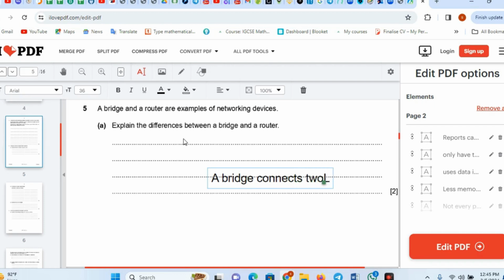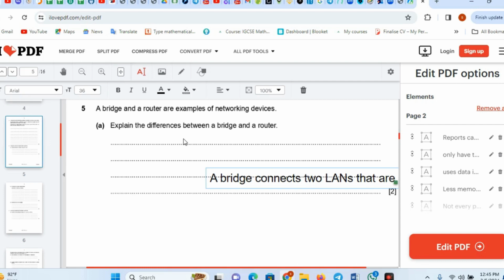You know the meaning of LAN, right? Yes, that's the meaning of LAN. It connects two LANs that use the same protocol.